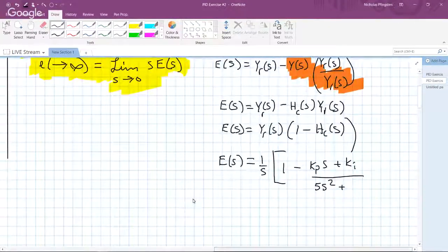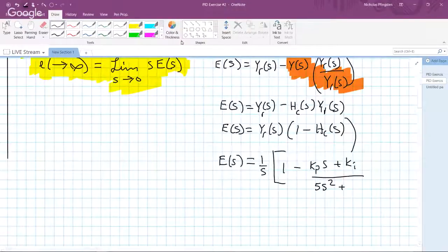Which means that's really going to be 20S plus KI, which is 40. Trying to make it a little easier.